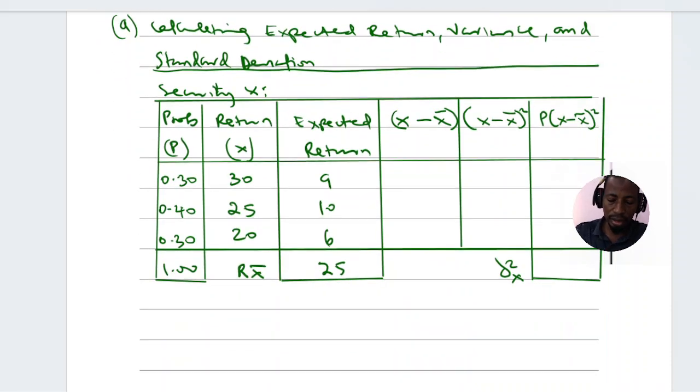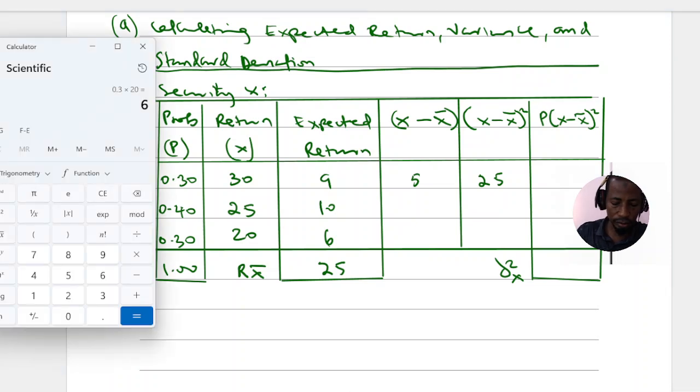Therefore, the return of 30 minus the expected return 25 will give us 5. 5 squared equals 25. 0.3 multiplied by 25 is 7.5.